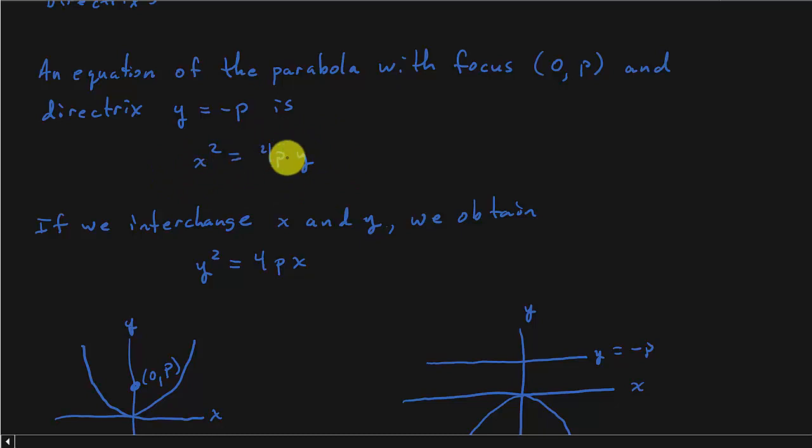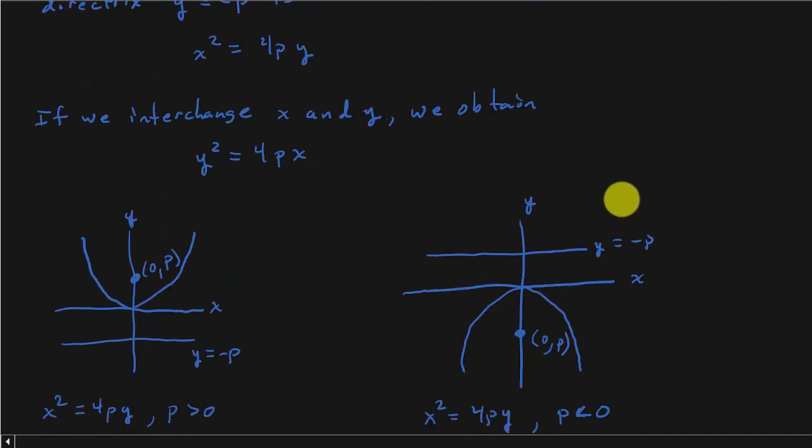Obviously, if the term is positive, it's going to open up. If it's negative, it'll open down. The second one, with the y squared, opens left or right. If the coefficient in front of the x is positive, it opens to the right. If it's negative, it opens to the left.